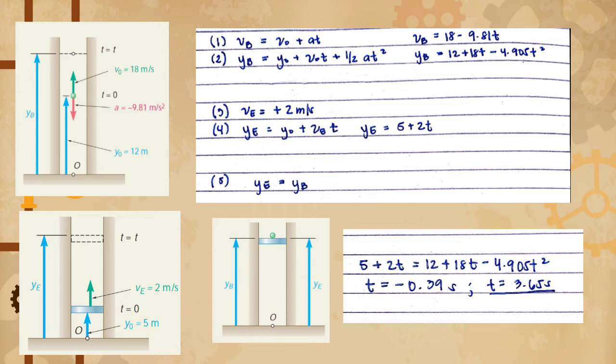We get two roots, which are t is equal to negative 0.39 and t is equal to 3.65. Only the root t equal to 3.65 seconds corresponds to a time after the motion has begun.